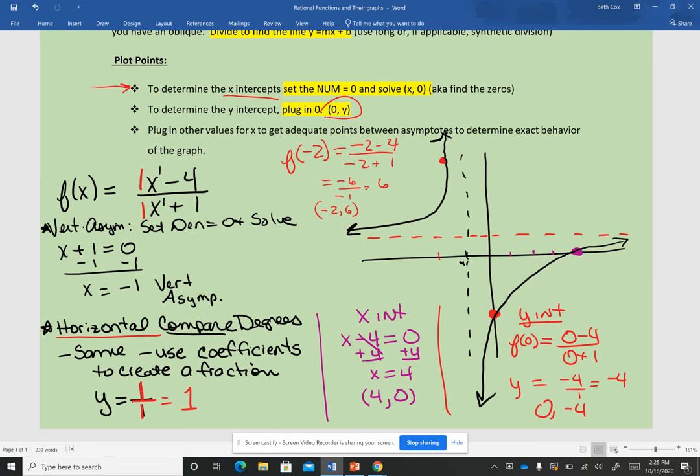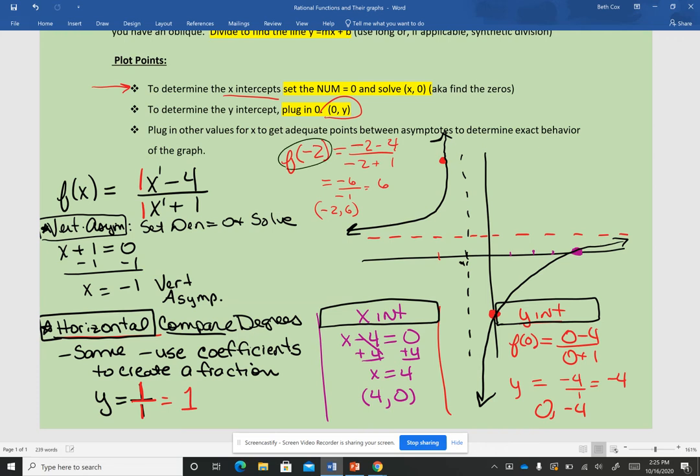So to pick out your graphs using your multiple choice lineup, the first thing you're going to do is your vertical asymptotes. Then you're going to look at your horizontal asymptotes. Generally that will be enough to find your multiple choice option. But if not, then you can start plotting points with the x-intercept and then the y-intercept. If that's not enough, then plug in another point. Just pick another value.